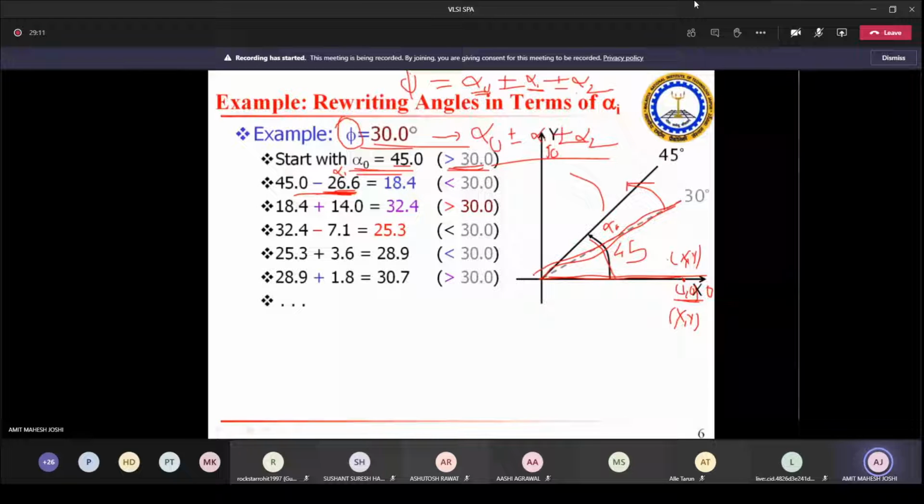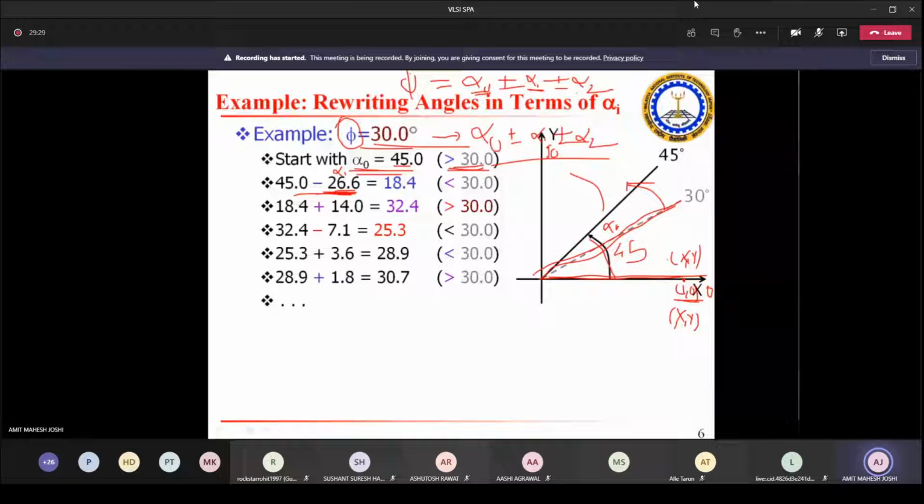Okay. So what simple logic am I getting? That I am always looking at where I am and what my actual desired point is. So my desired angle is 30 and currently I am at 45. So I am subtracting 45 minus 30.